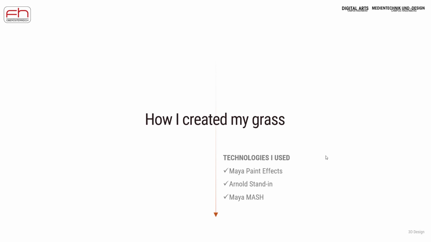I would like to talk about something cool that you will see in my project, which is the grass. I will cover step by step how I created this. And just so you know, I use the combination of Maya Paint Effects, Arnold stand-ins, and Maya Mesh.